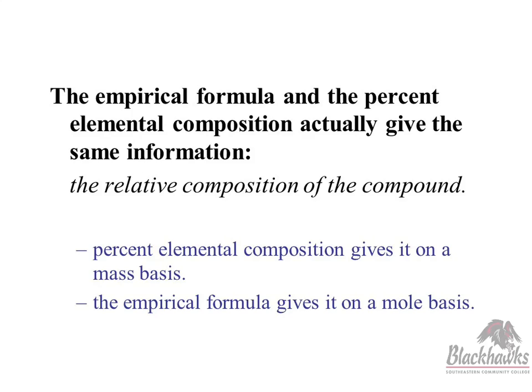It's simply, and we're going to make use of this, that the weight percent gives it on a mass basis, and the empirical formula, for instance, for acetone, C3H6O, gives relative amounts not by weight, but by moles: relative moles of carbon, hydrogen, and oxygen, 3, 6, and 1. So they both give relative amounts.